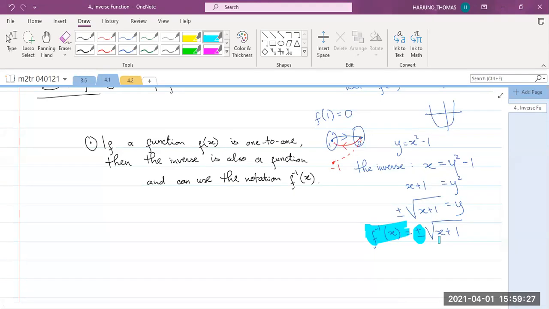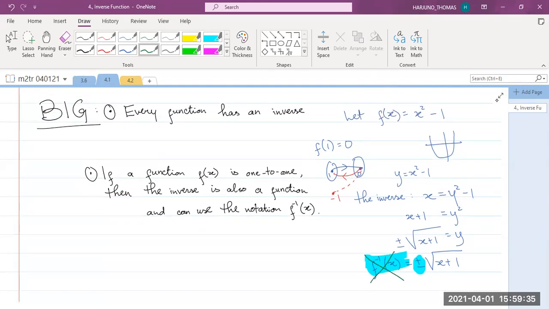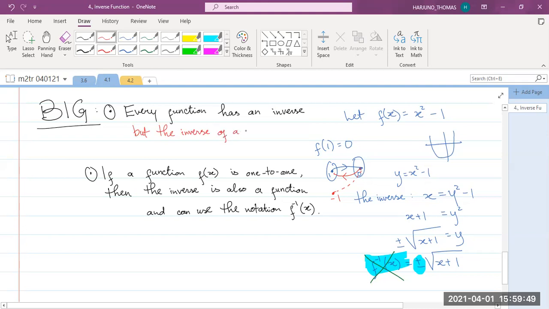Okay, so let me emphasize again. Every function f has an inverse. But the inverse of a function may not be a function itself.